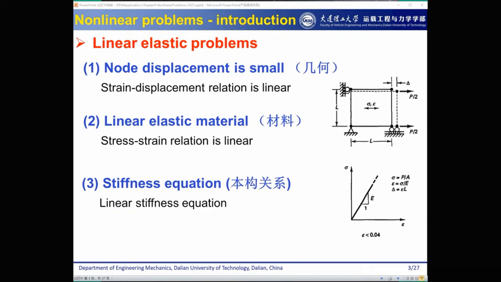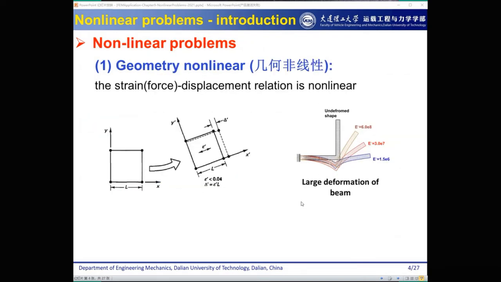And those are the simple case. In reality, in real engineering problems, we have to encounter nonlinear problems. There are several types of nonlinear problems. Let me introduce those, so you can notice in the analysis how to judge whether it is a linear problem or a nonlinear problem.